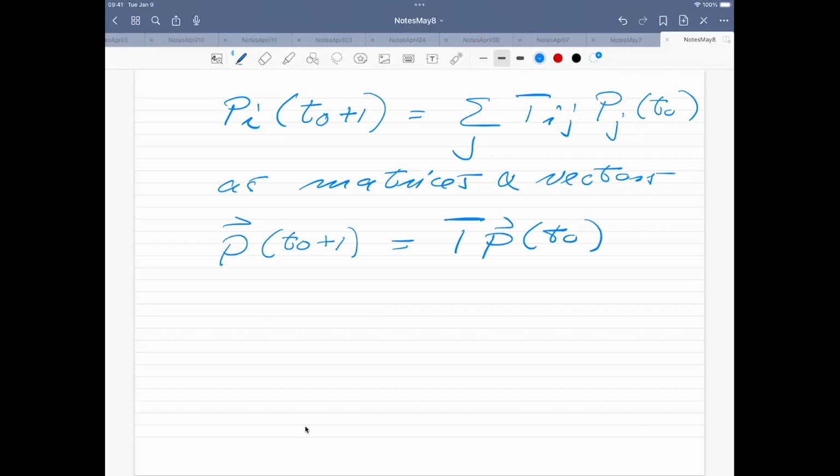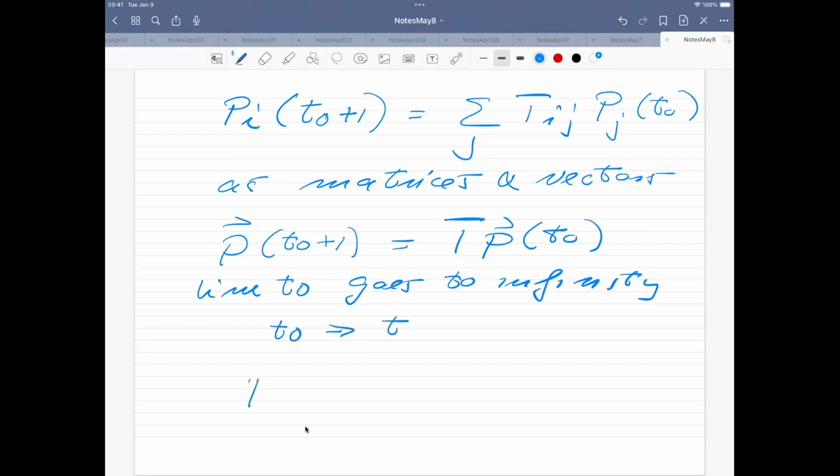Then, in a Markov chain, when equilibrium has been established, in the limit where t0 goes to infinity, if we just change t0 to t, what we have is a vector P of t equal to a matrix T times the vector P of t.